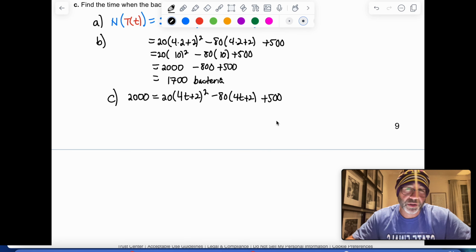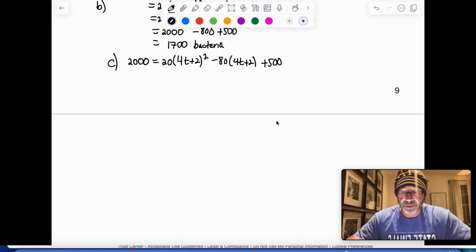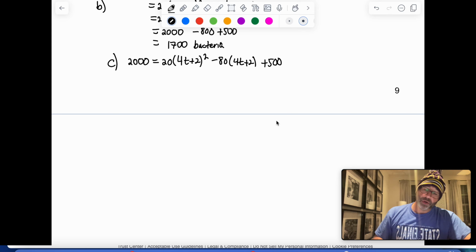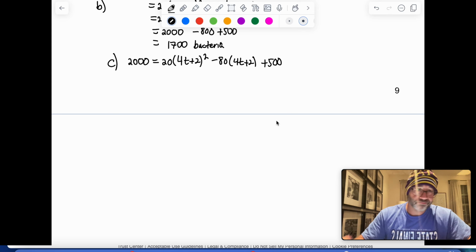All right, so now we actually have some work to do here to try to figure all this out, okay? Because ultimately what this is going to be is a quadratic, right? Or we can kind of use Desmos to kind of guide us on some things here, okay? So I'm going to work through it just for the sake of it. We'll get to Desmos in a minute, okay? But let's practice the algebra here. So we're going to have 20 times.